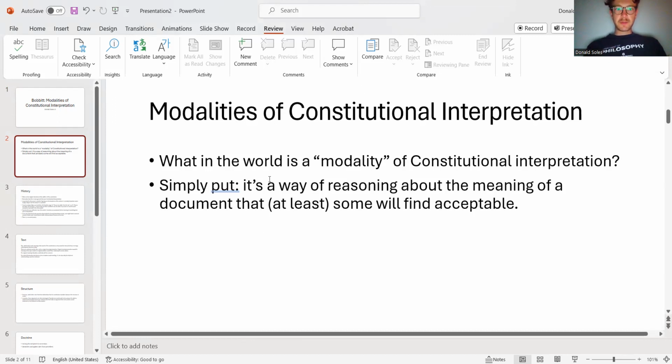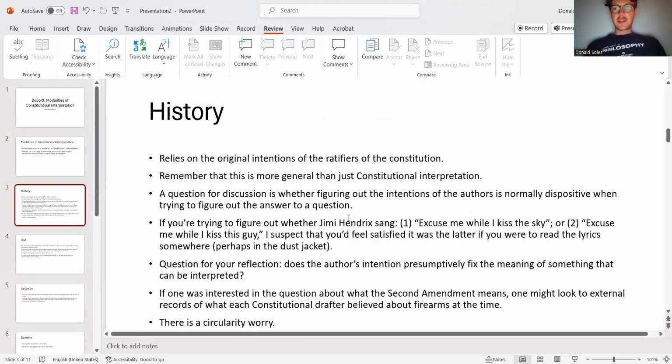So the first modality that we'll think about is history. When we engage in historical analysis, what we're trying to do is figure out the meaning of a law by appealing to the intentions of those people who wrote the law. This is commonly encountered, by the way, with modern discourse over the Second Amendment, for example. People say there's a right to keep and bear arms and it shall not be infringed.